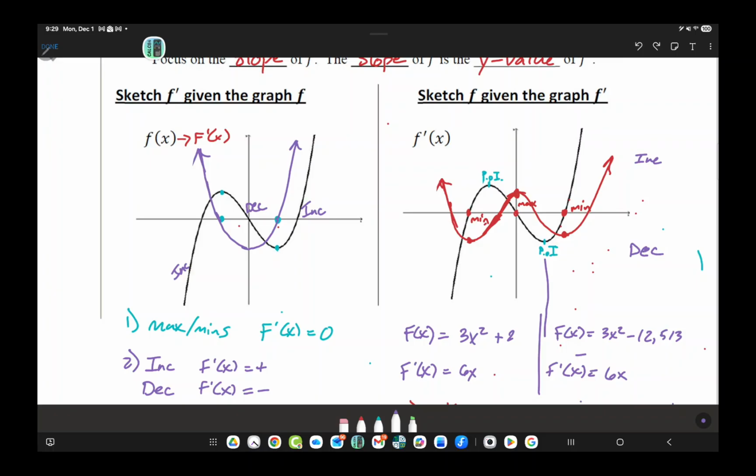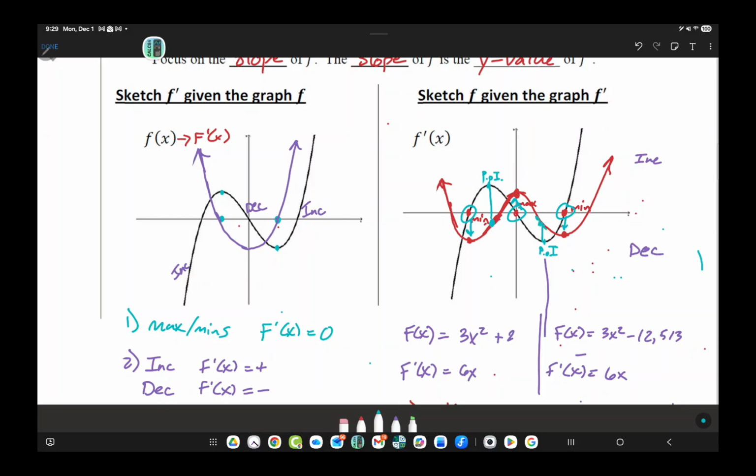The idea that I need to see is that where these points cross, I need to see its corresponding minimum value, max value, minimum value. Where I have points of inflection, I need to see it change from concave up to concave down, and again, concave down to concave up.